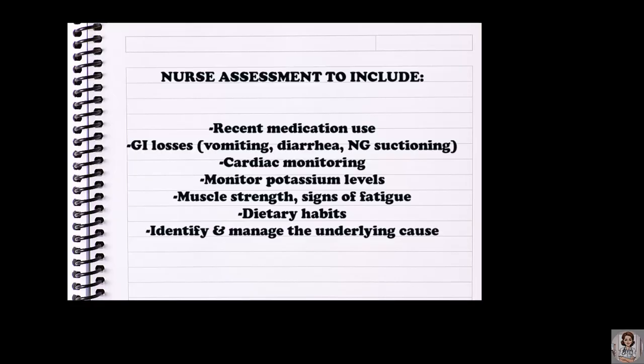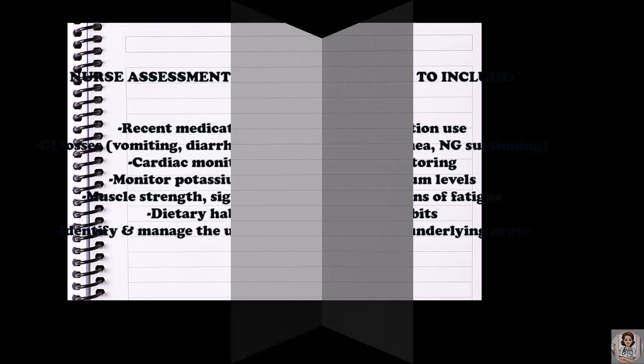You want to monitor serum potassium levels and other pertinent electrolytes. Assess muscle strength and signs of fatigue. Assess dietary habits. Patient education is key. You want to encourage a potassium balanced diet. Identify and manage underlying cause or causes, whether it's stopping a medication and or treating any GI losses.